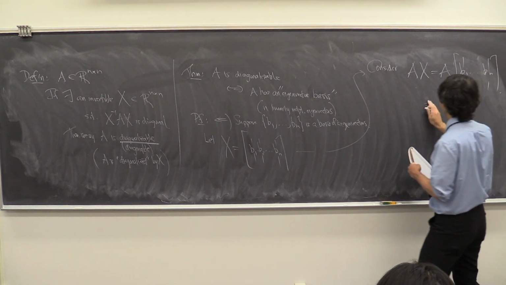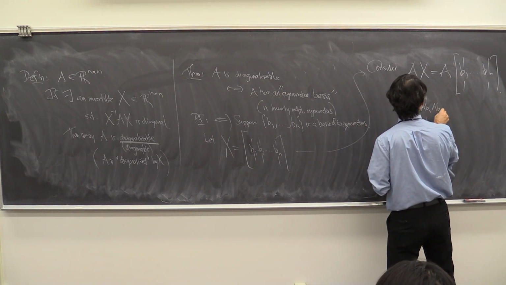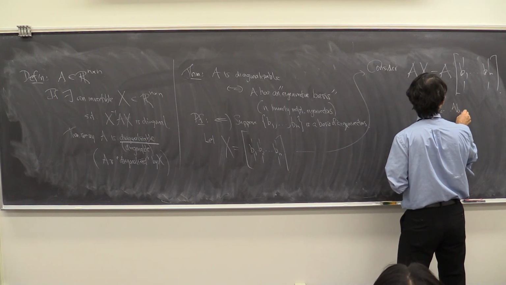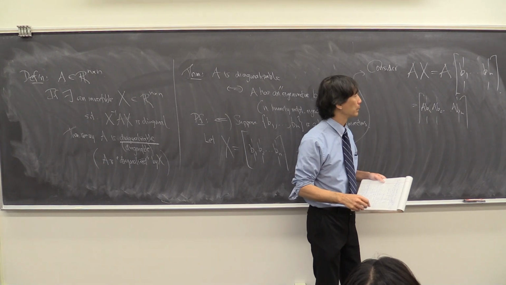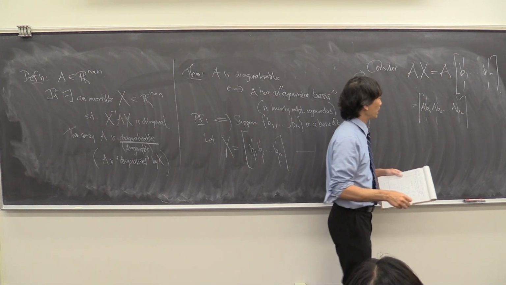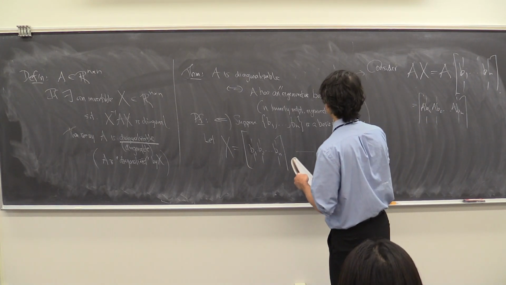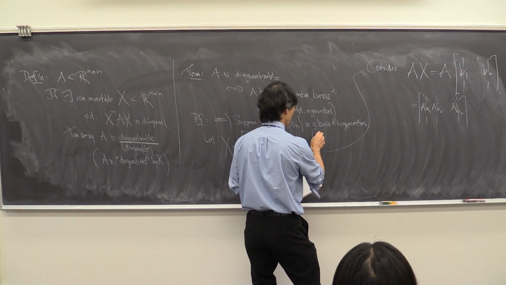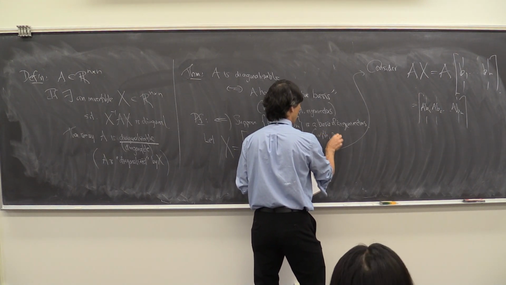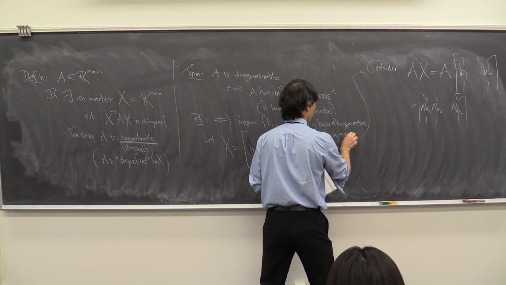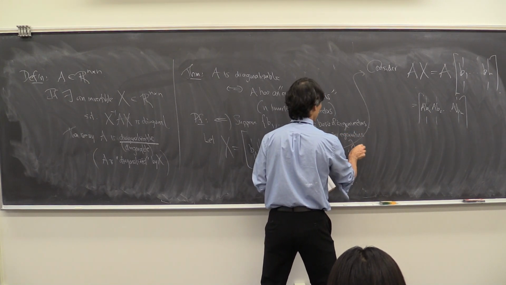So this is Ab1, Ab2, through Abn. But remember, those vectors are eigenvectors, with eigenvalues lambda 1 through lambda n respectively.